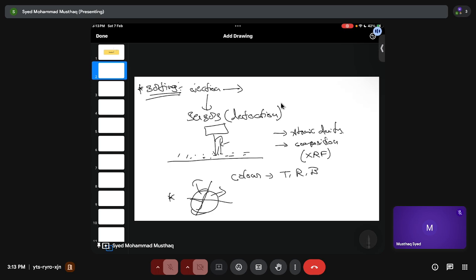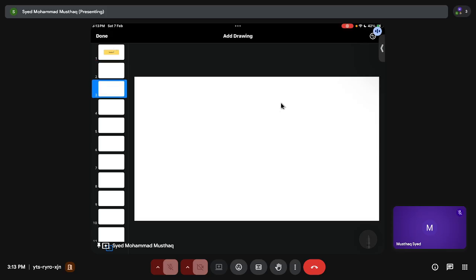Now how do we separate them? So for example, this is my container, and in this container I have my ore particles, and it is filled with some medium.